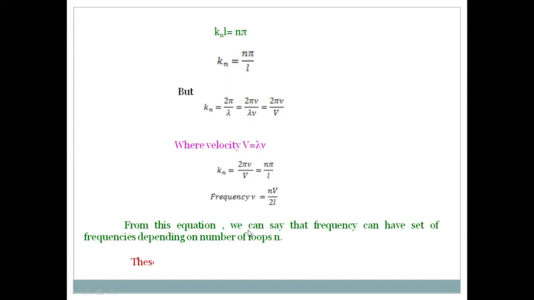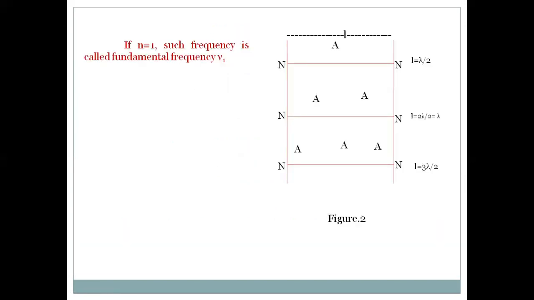If n is equal to 1, this shows the fundamental frequency, that is equal to v by 2l. n is equal to 1 is nothing but there is only one loop. That frequency is called the fundamental frequency, equal to v by 2l.